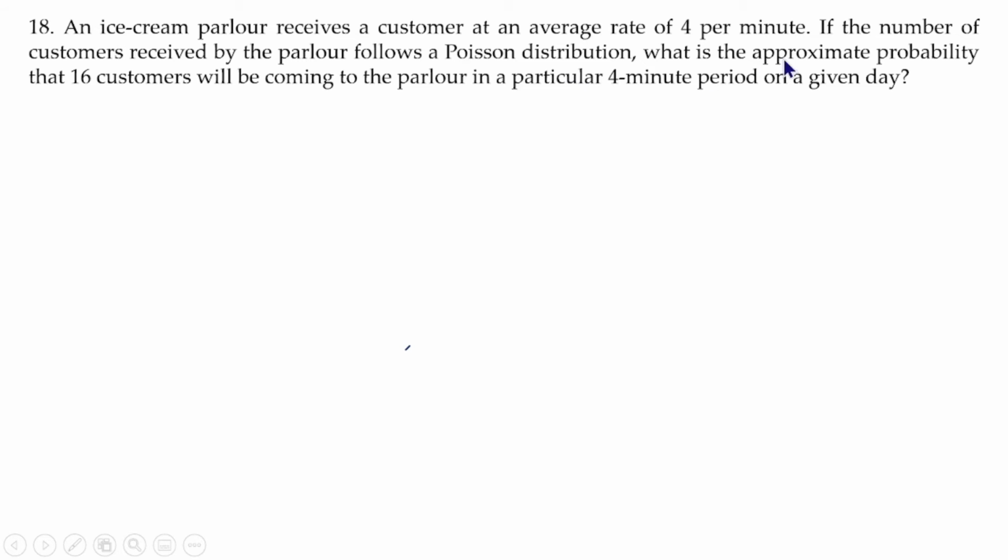We have to calculate the probability that 16 customers will be coming to the parlor in a particular 4-minute period on a day. So here the average rate is given for 1 minute, but we are asked to calculate for a period of 4 minutes on a given day. So let X denote the number of customers in a 4-minute period.